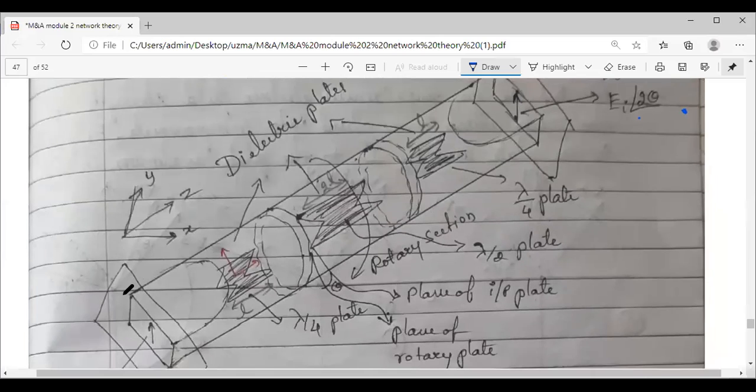You have one particular section, the central section, which is your circular section, the rotary section, and I have given this direction indicating that this central part is rotatable. 360 degrees rotation is possible with this. The arrangement is like that.